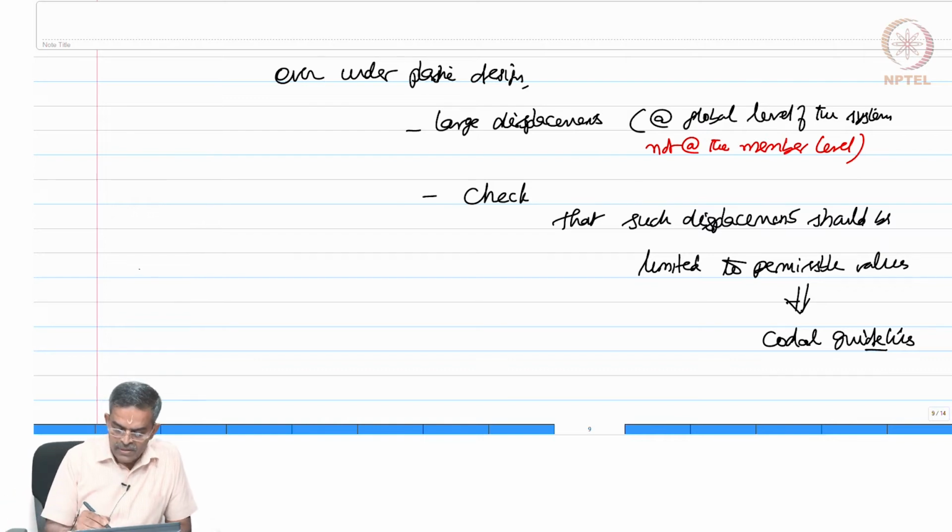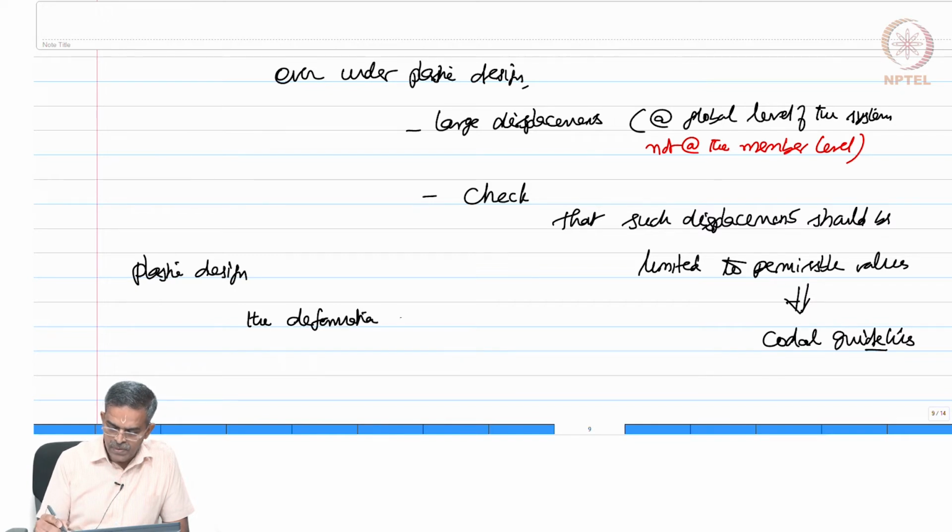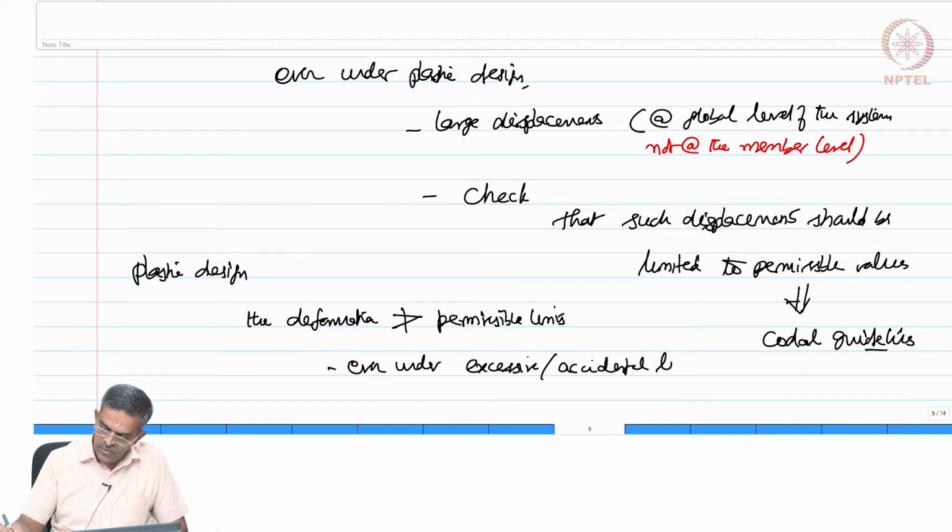So, the plastic design which is chosen as one of the design procedures for form dominant design should ensure that the deformations should be within the permissible limits, even under excessive or accidental loads.